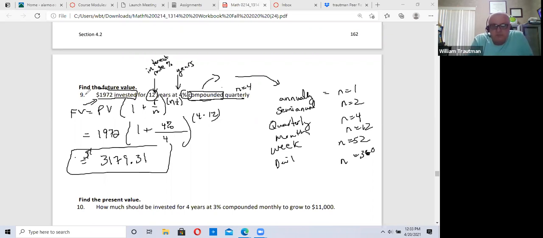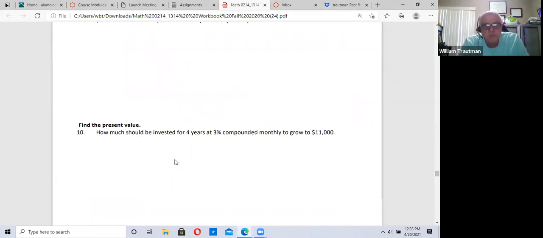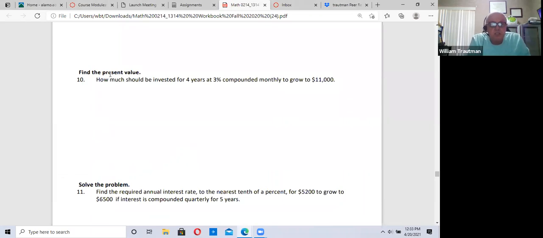Question 10. Same formula. Future value equals present value times 1 plus r over n raised to the power of n times t.